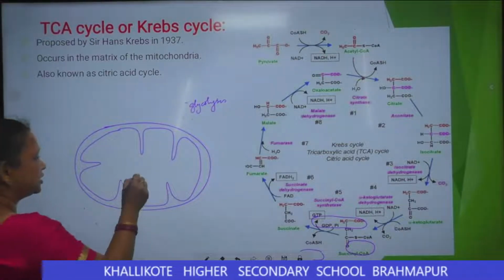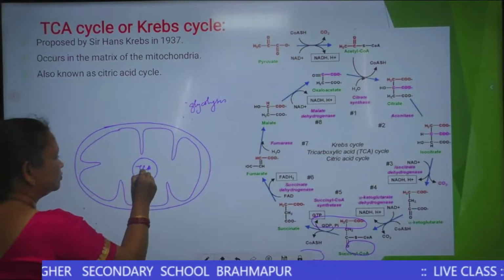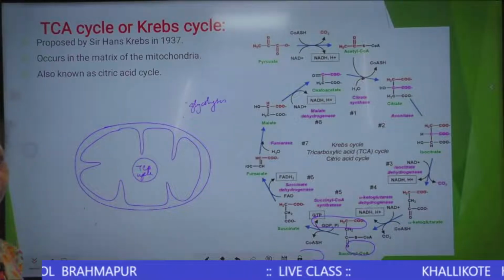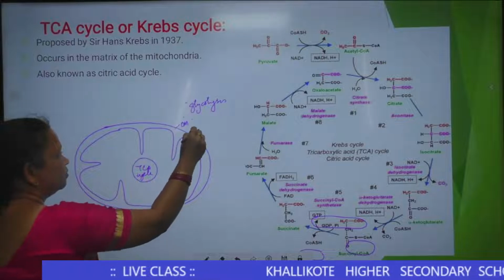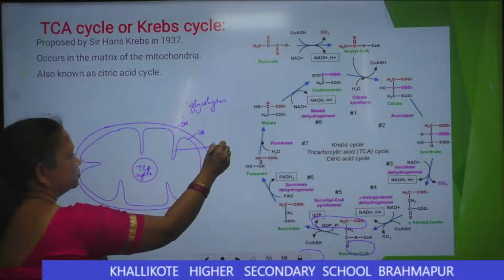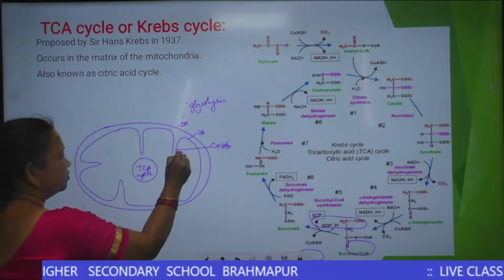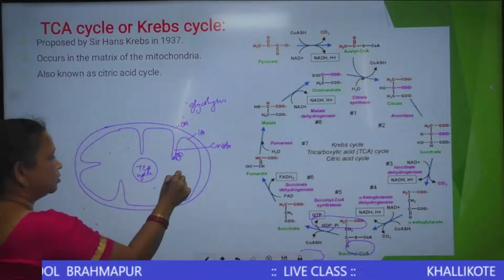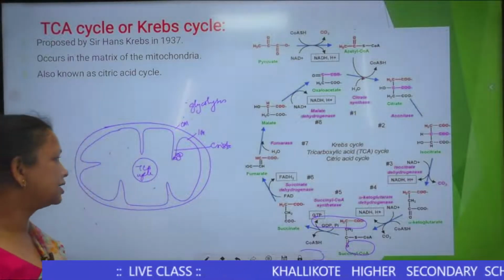This TCA cycle will occur in the matrix of the mitochondria. So, this is the outer membrane of mitochondria, inner membrane of mitochondria, and these are the crista or the cristae membrane with F0, F1 particles attached, and this is the matrix of the mitochondria with the enzymes of the Krebs cycle or the TCA cycle.